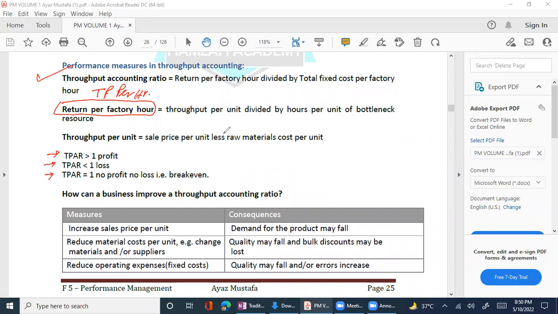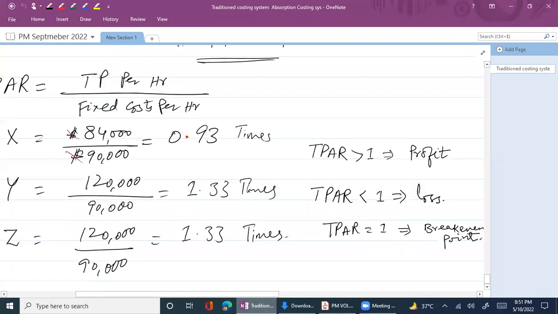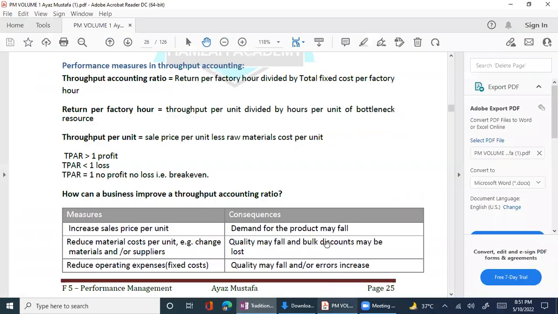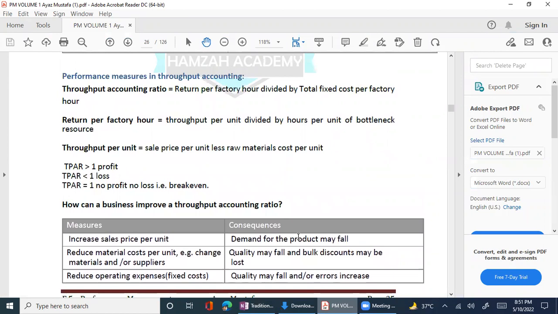Please read these lines. I hope that you got your understanding okay. Is it okay? Can we proceed further?